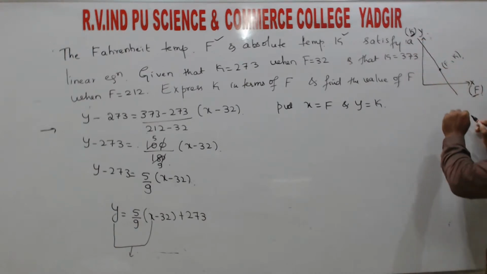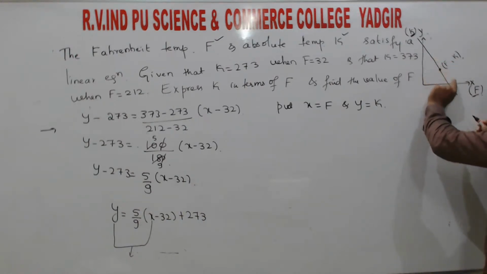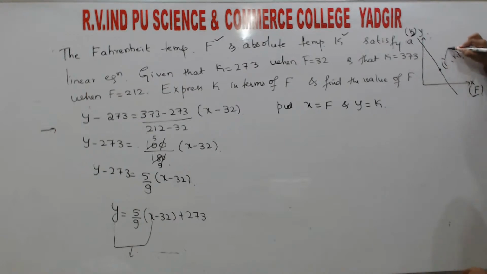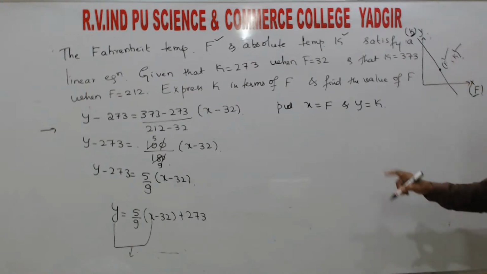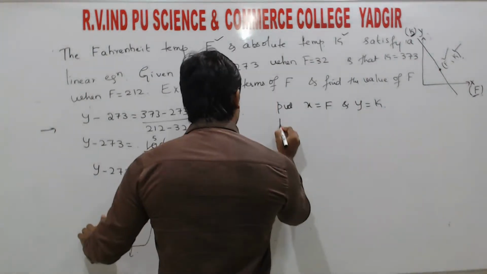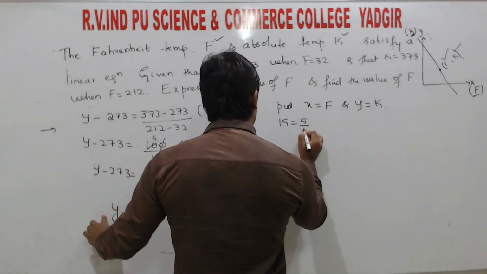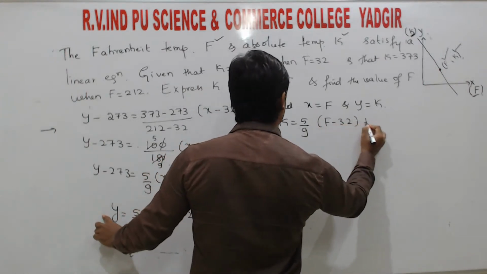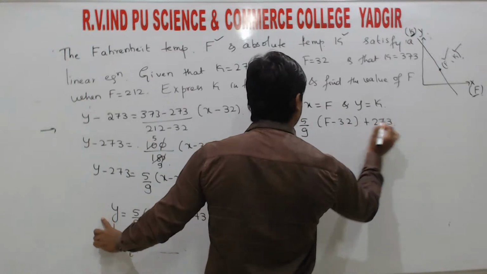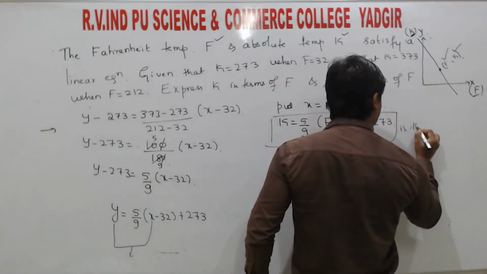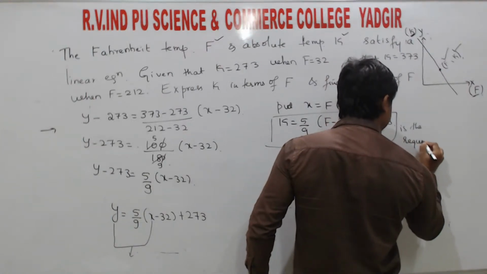It means that if you take any arbitrary point present on this straight line, that is the linear relation, the x coordinate will be f and the y coordinate will be k. So k equal to 5/9 into f minus 32 plus 273. This is the required relation.